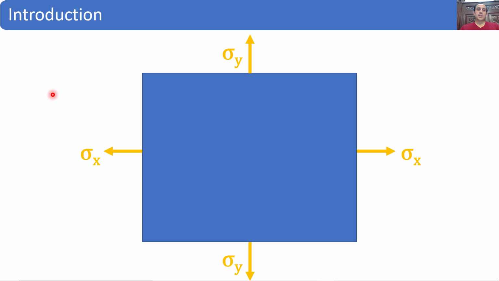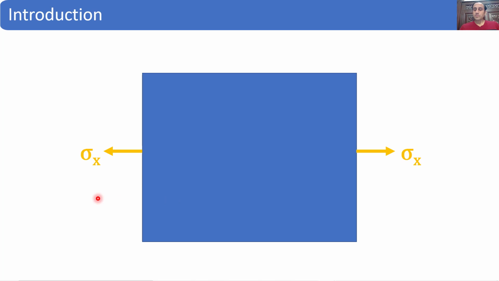In order to calculate the strain, we will apply one stress at a time, and then we will try to formulate different values. Now we are applying sigma x to this member.